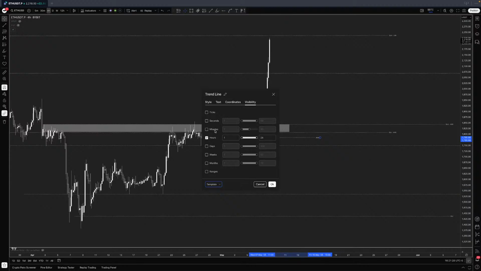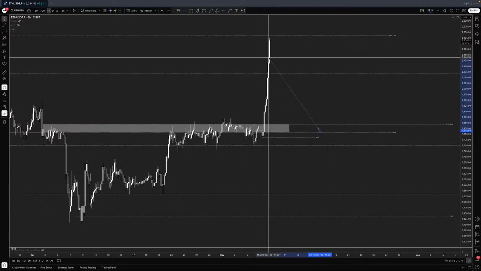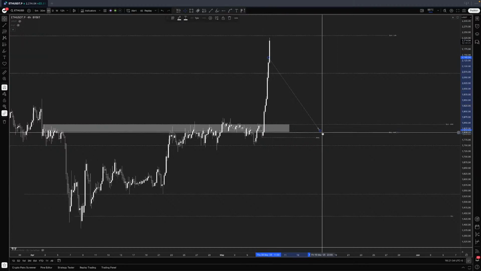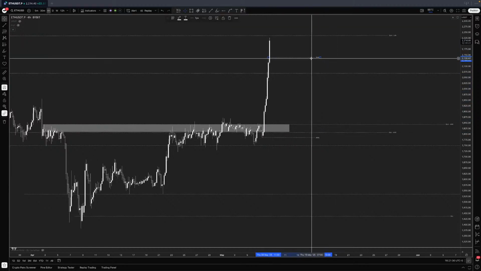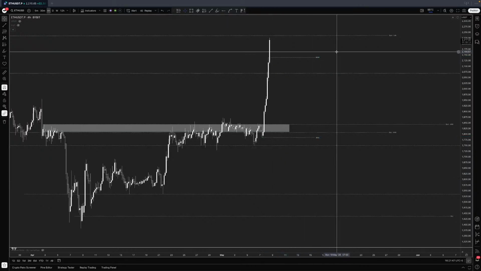And the current candle right now, until it closes, I'm not taking any conclusions. But overall, this is our current intra-week high. We're going to send this to minute charts as well.